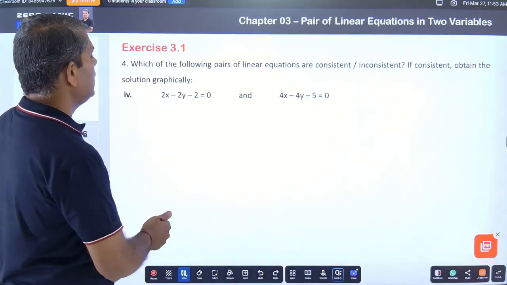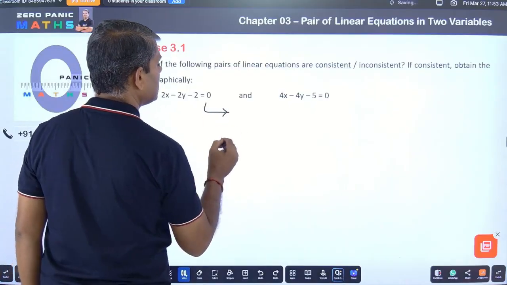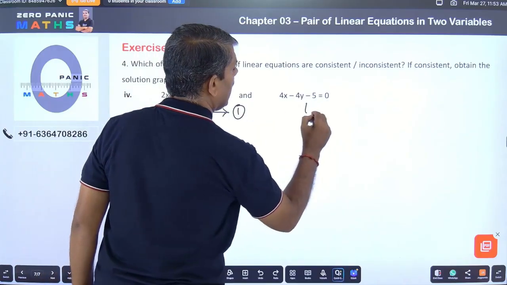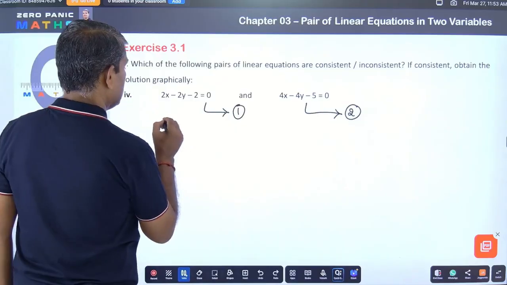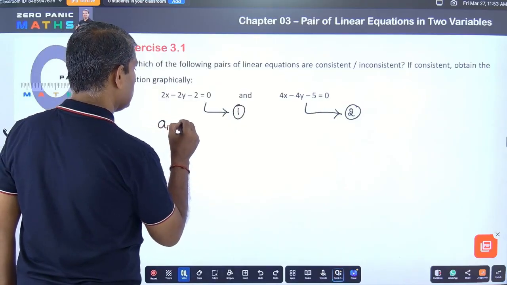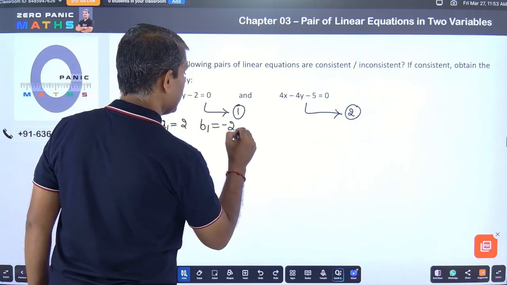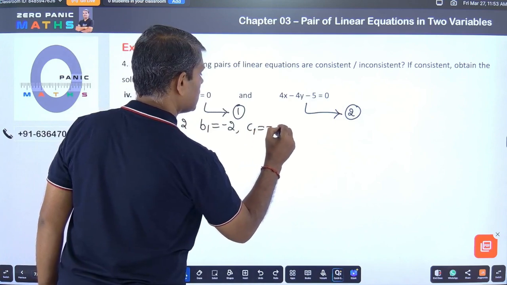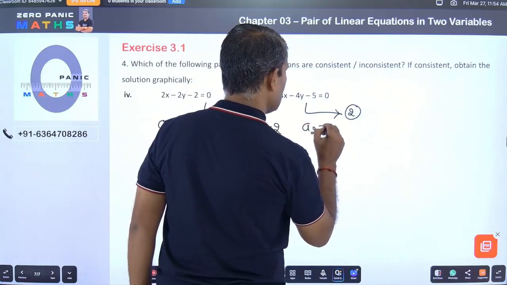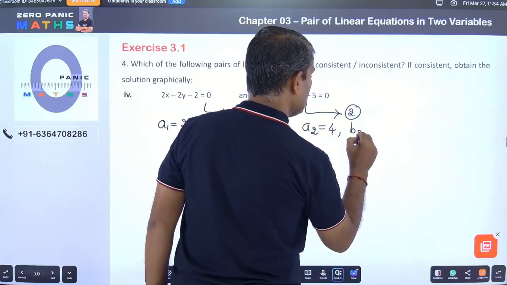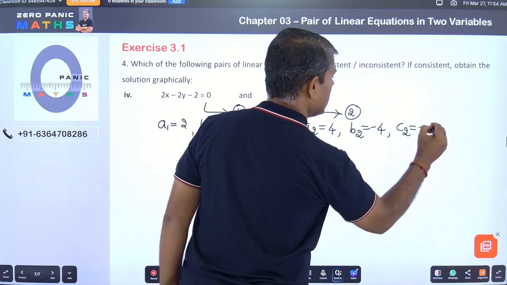Okay, here the two equations are given. Let us identify a1 b1 c1 from equation 1 and a2 b2 c2 from equation 2. So let me write a1 2, b1 minus 2 and c1 minus 2. a2 4, b2 minus 4 and c2 minus 5.